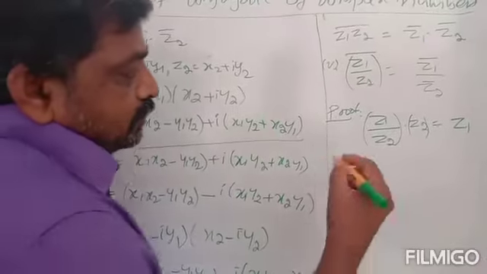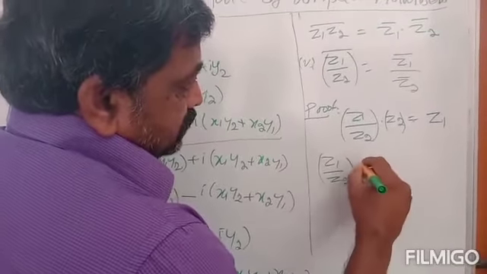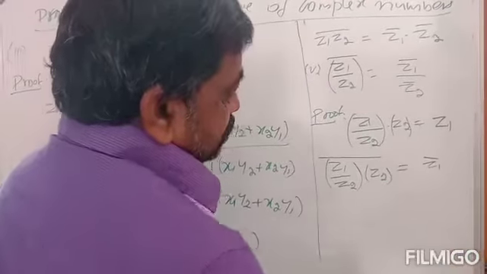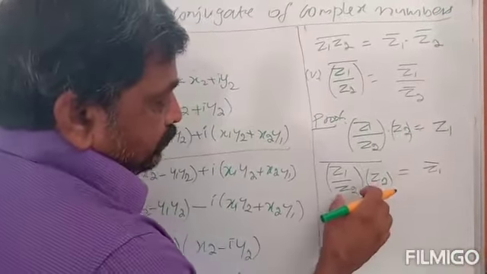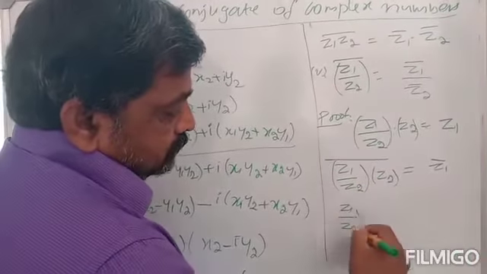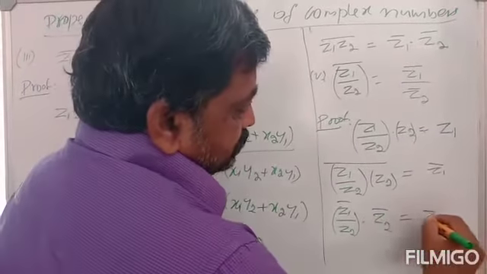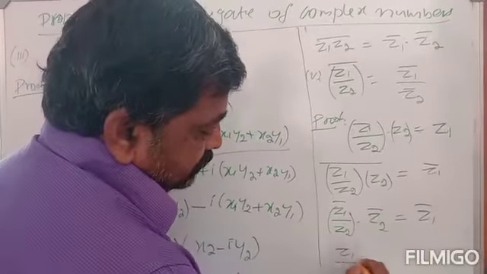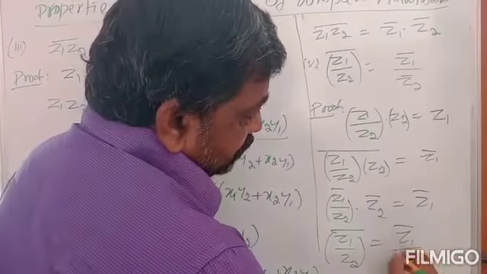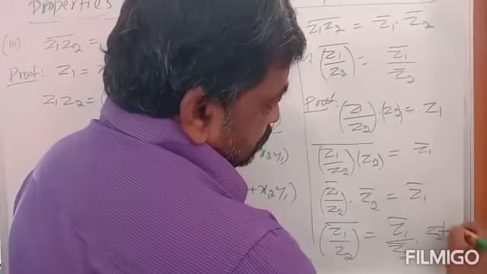But now taking the conjugate on both sides, (z1 by z2 into z2) whole bar is equal to z1 bar. So that is the product of two complex numbers. So we can write (z1 by z2) bar into z2 bar equal to z1 bar. We got (z1 by z2) whole bar is equal to z1 bar by z2 bar. Here z2 not equal to 0.